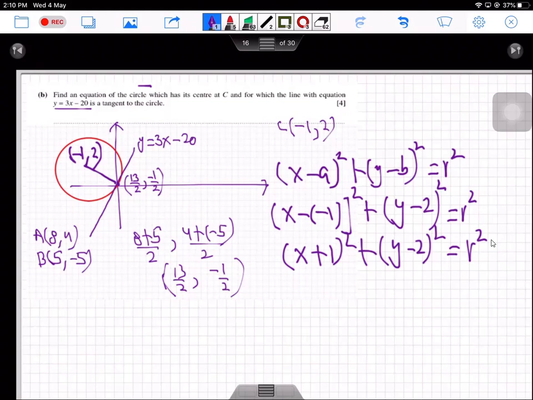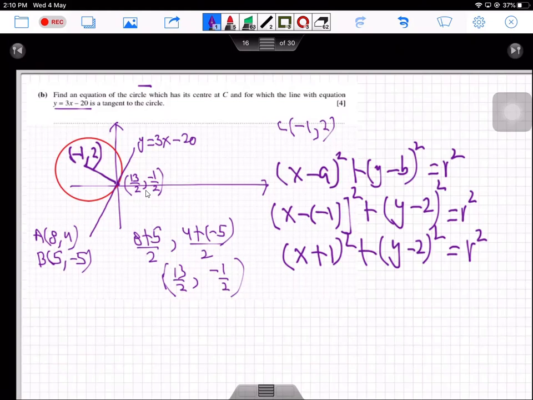Okay, because originally the equation of the circle is derived from the formula of the distance between the point on the circumference of the circle and the radius. All right, so either you find the value of the radius first by using the formula of distance, or you directly put this coordinate, which is lying on the circumference of the circle, 13 over 2, minus half.